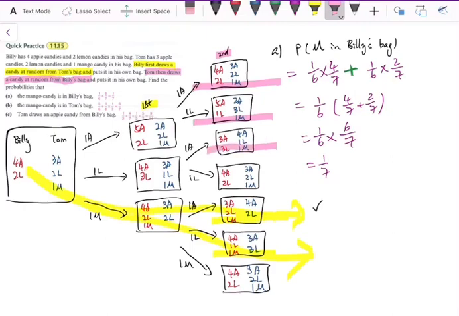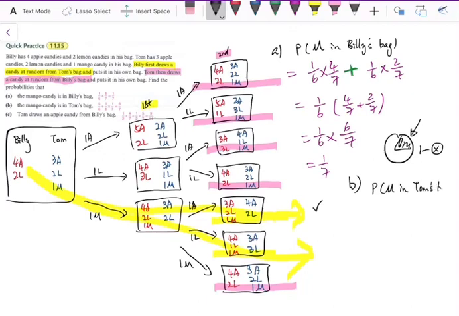So we highlight all the mango flavor in Tom's bag, and you can find out that all these conditions are separate. Can you see that? So actually the B part is just like the case I have told you before. If you want to find one particular probability, you can do it directly, or just use 1 minus. This time I would suggest using 1 minus, which will be faster.